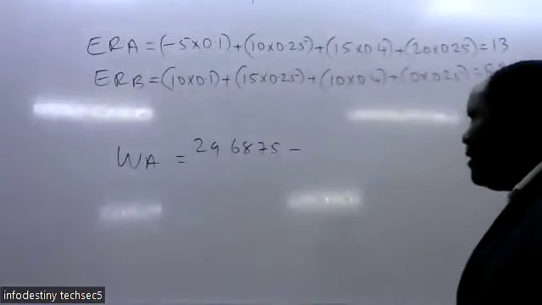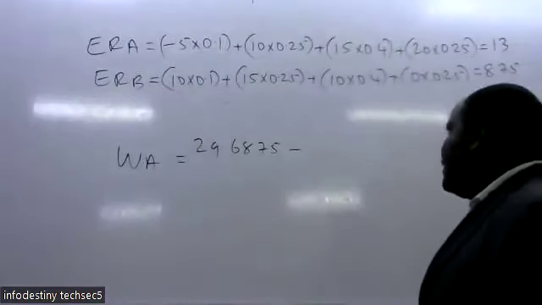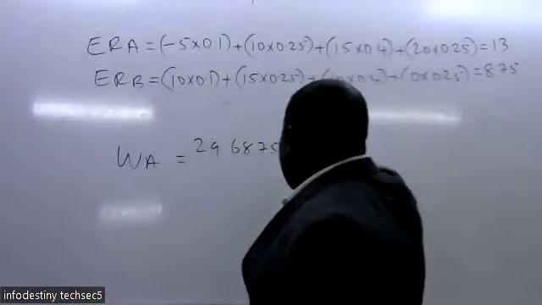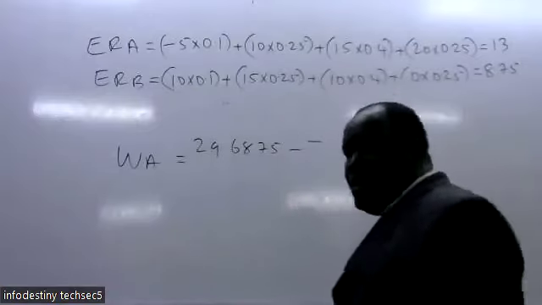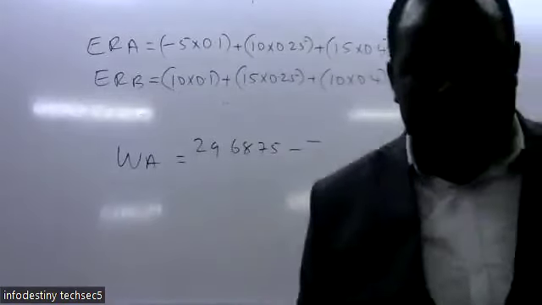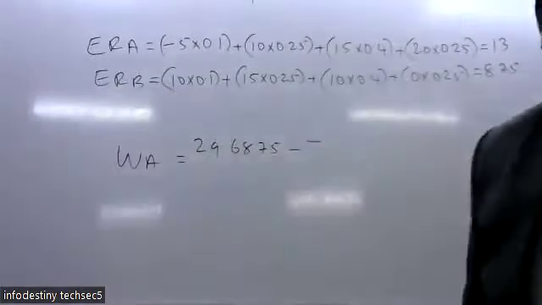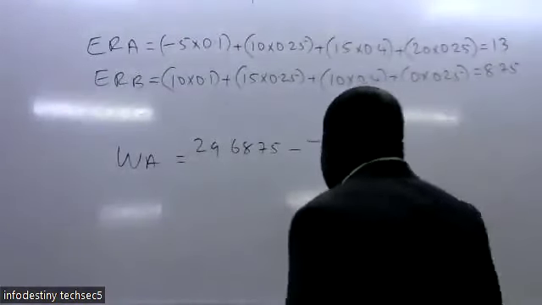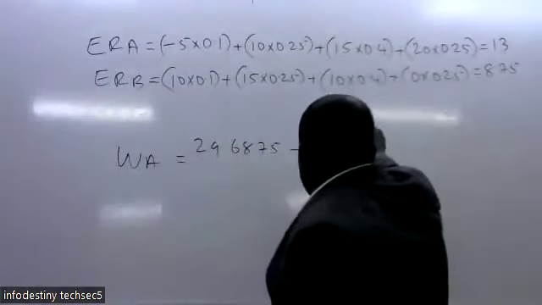Then we subtract the covariance, which was negative. We had already calculated that figure, it was negative 21.25. So minus negative 21.25.